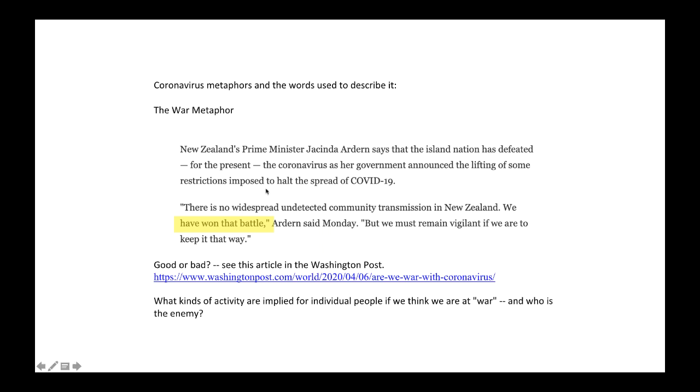Here's the war metaphor, and you can see it, the Prime Minister of New Zealand saying, "We have won that battle." So it's a war, and New Zealand has won. Is it good to talk about coronavirus as a war? I don't know, and here's an article that kind of discusses that. But what kinds of things are you supposed to be doing if we're at war? And who is the enemy?